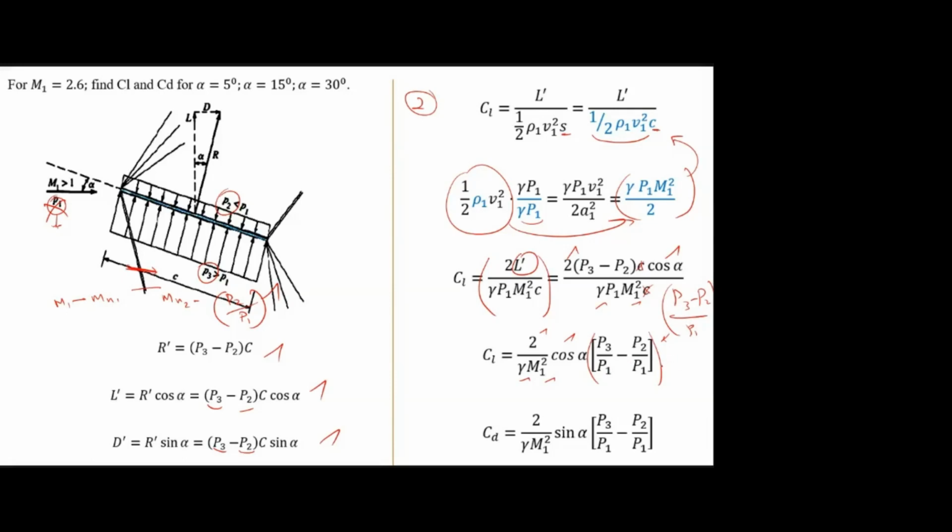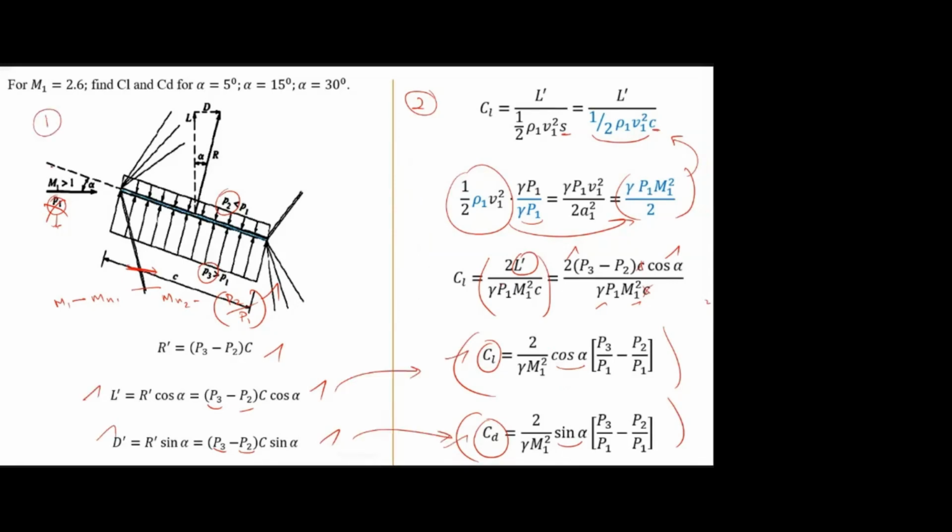Is that clear? So this is for CL. Then for CD, simply instead of cos alpha, we put sin alpha. That's it. So this is the second procedure.